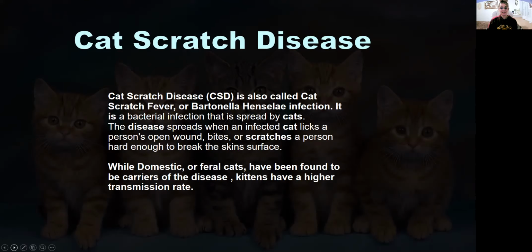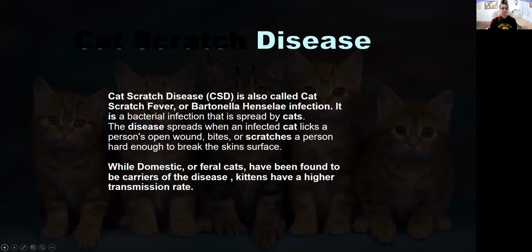The disease spreads when an infected cat licks a person's open wound, bites, or scratches a person hard enough to break the skin surface. While domestic or feral cats have been found to be carriers of this disease, kittens actually have a higher transmission rate.